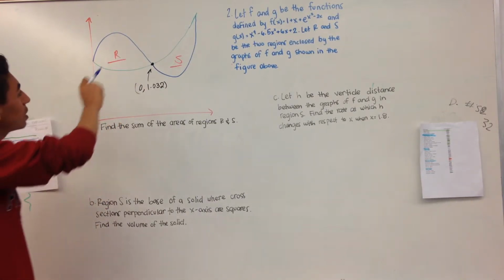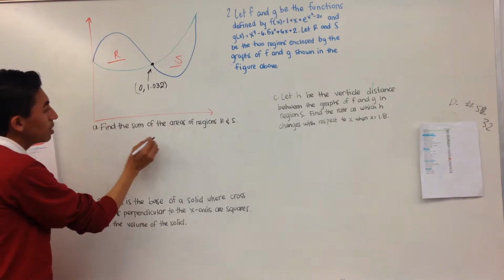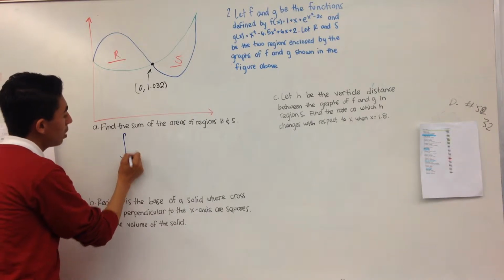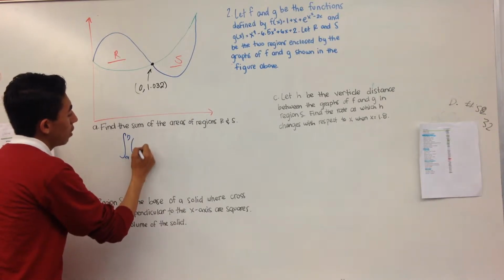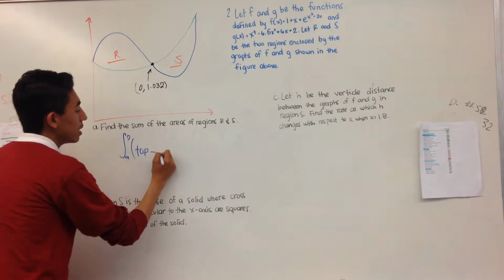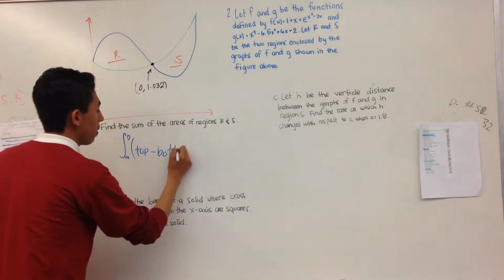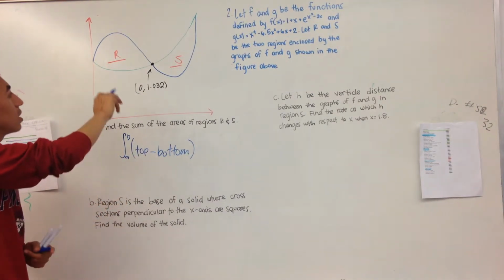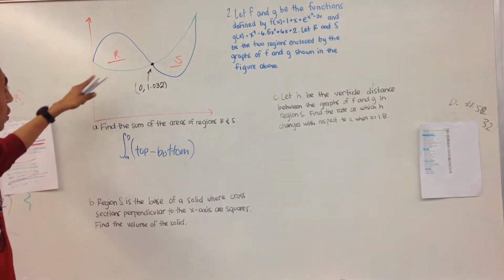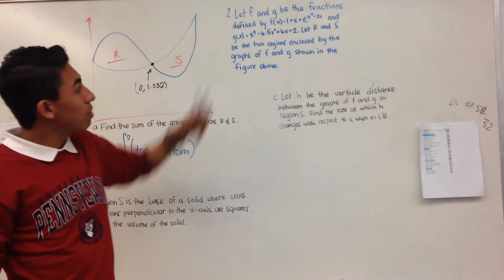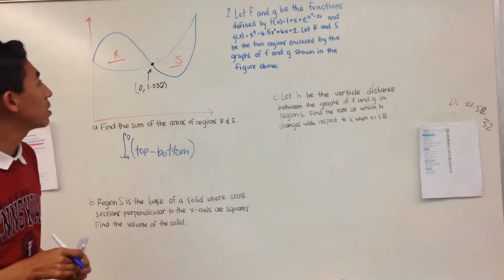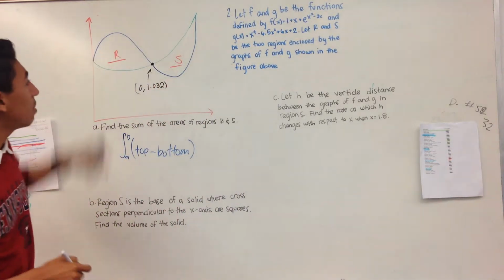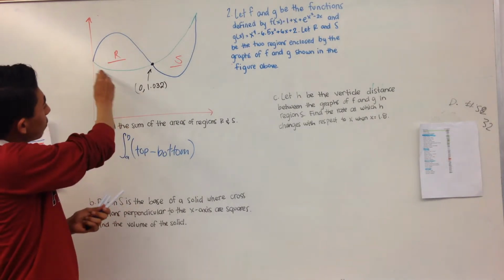So in order to find the area for region R, the formula for an area is the integral from a to b of the top function minus the bottom function. In order to find out which function is which, you need to plug both of these functions into your calculator, and you notice that g of x is your top function and f of x is the bottom function.